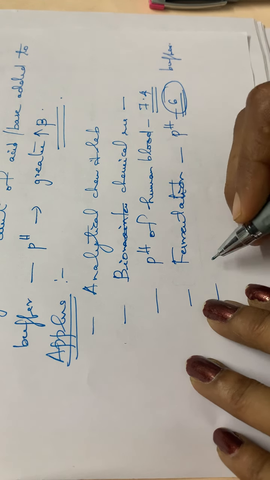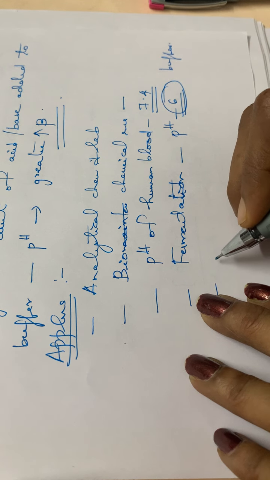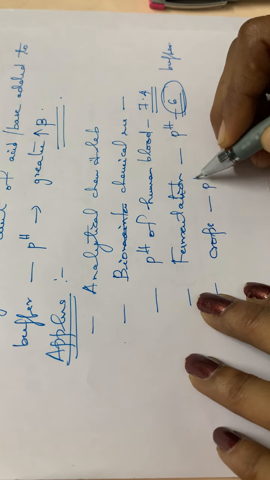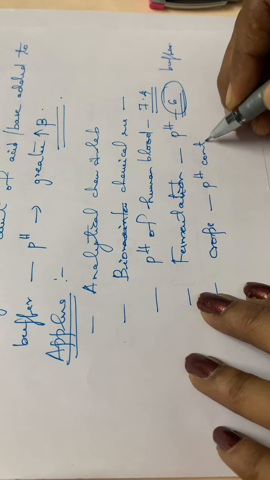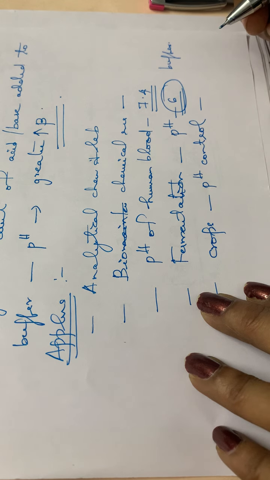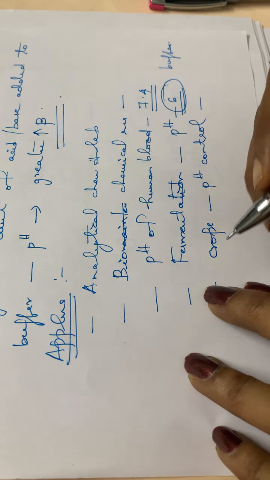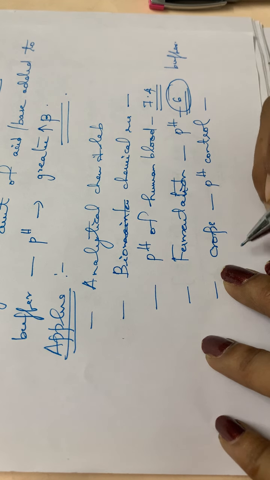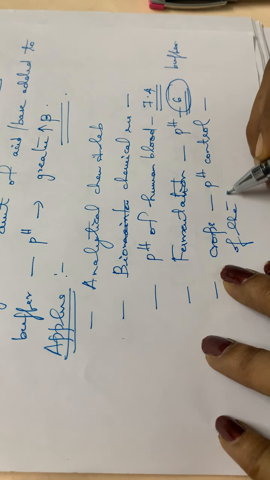And also for the productivity of crops, in agriculture, pH control of the soil is essential, so buffer solution is used there also, to control the pH of the soil.